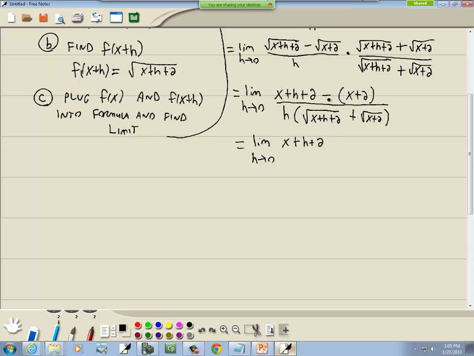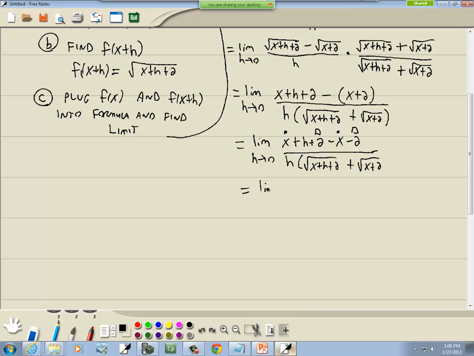The minus out in front of our parentheses will flip the sign of everything, so it becomes a negative x minus 2 over this. Well, the x minus x is going to cancel. The positive 2 and negative 2 are going to cancel.